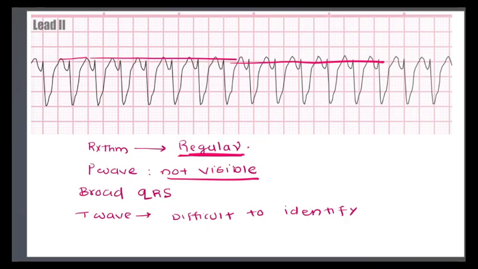The ventricular activity is so fast that you are not able to appreciate the activity in the atria, and you get a broad QRS complex because the conduction is happening through muscle. Again, the T wave is difficult to identify, like the P wave, because of the high ventricular activity.